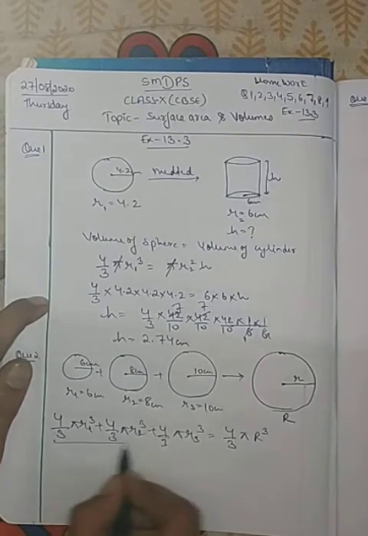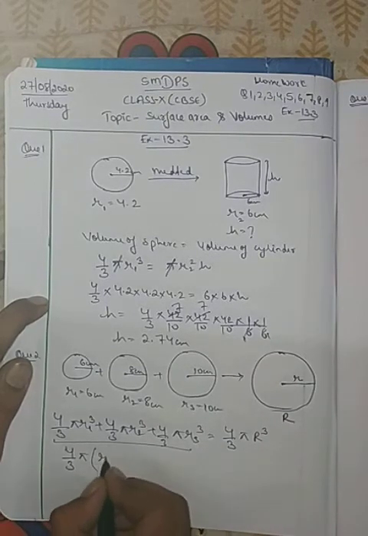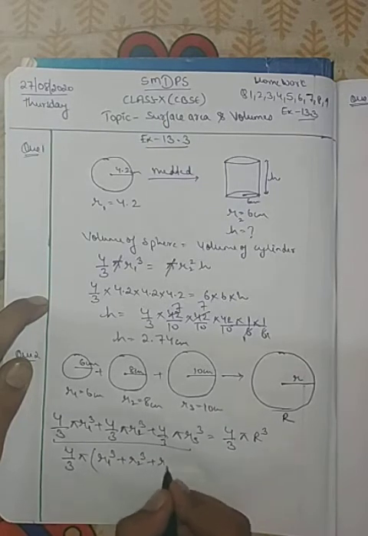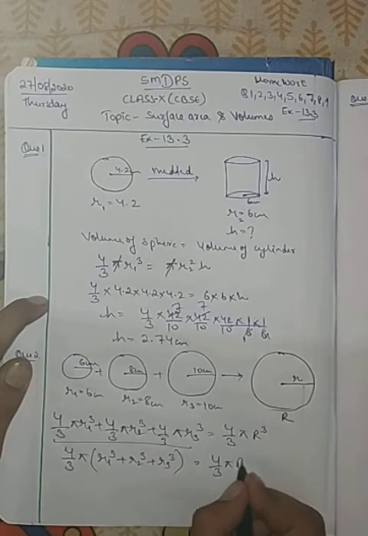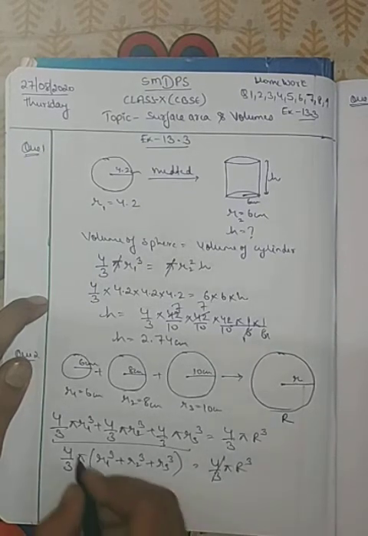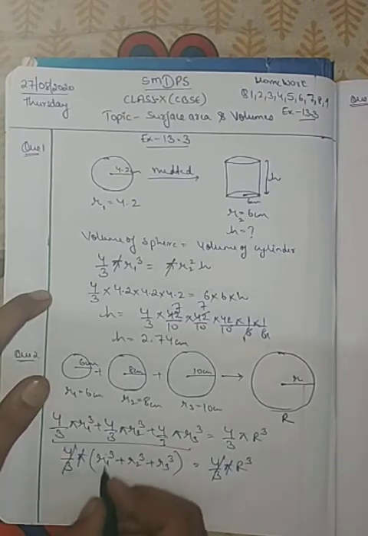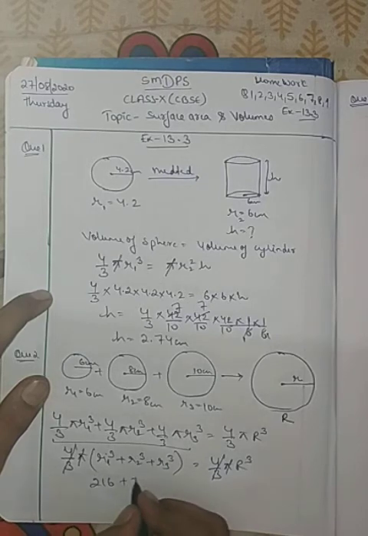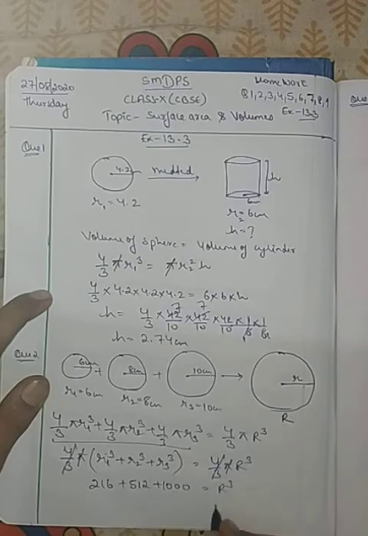Anything common from this side? 4 upon 3 pi is common. What we have? r1 cube plus r2 cube plus r3 cube is equal to capital R cube. 4 upon 3, 4 upon 3 cancel. Pi cancels. r1 is 6. 6 cube is 216, 8 cube is 512 and 10 cube is 1000, which gives you R cube.